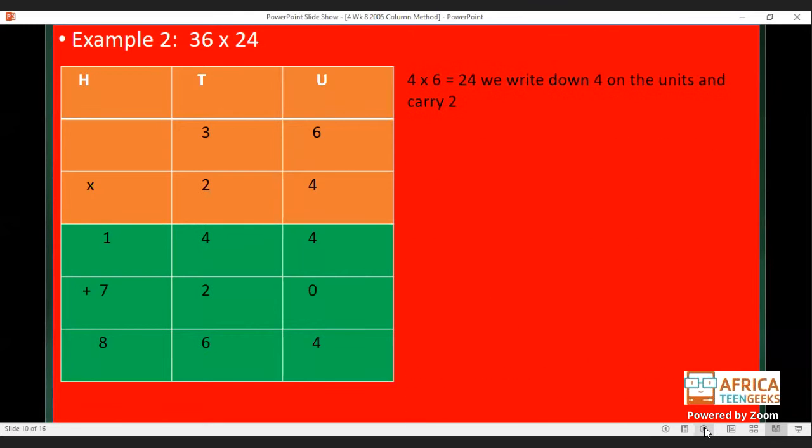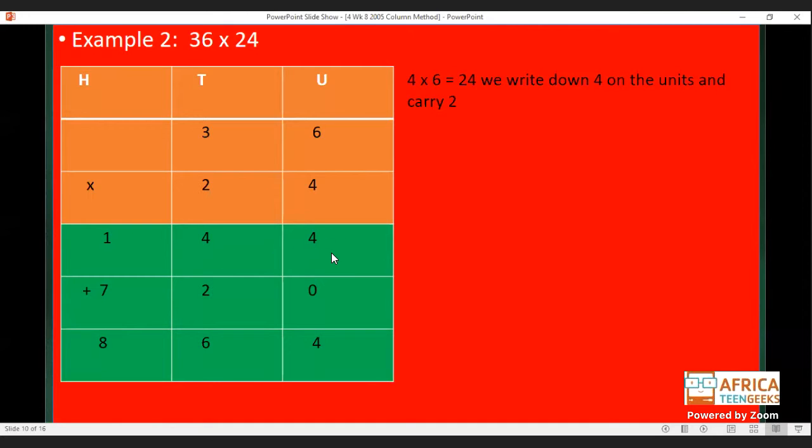I don't know how you do it. You can write it on your brain, or I carry the 4 with my hands and raise my hand so that I don't forget it. So 4 times 6 is 24. We always write down the units, whether we are adding or multiplying. If your answer is a 2-digit answer, we always write down the units and carry the tens, whether we are adding or multiplying, don't forget.